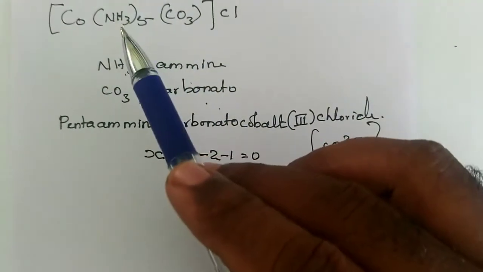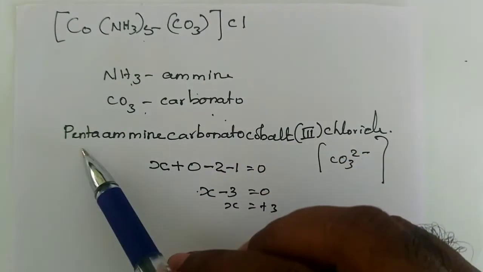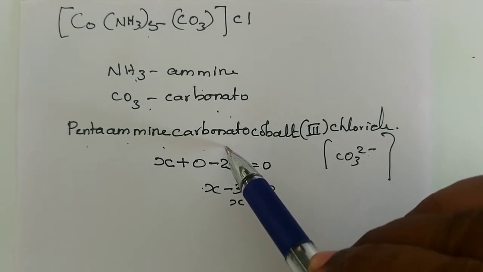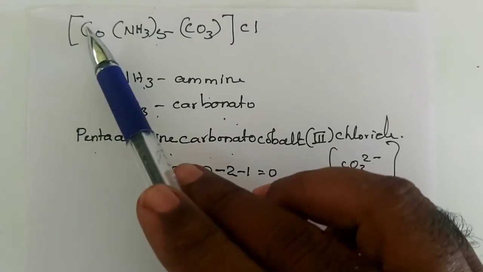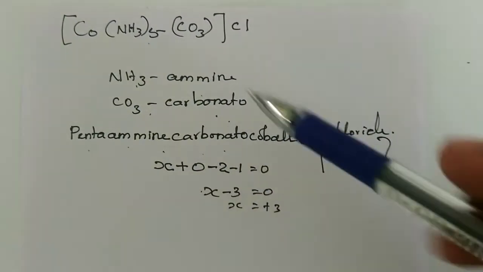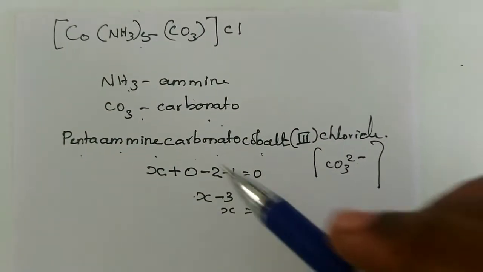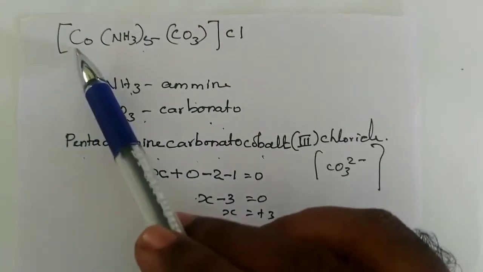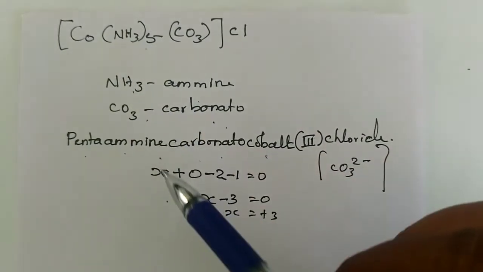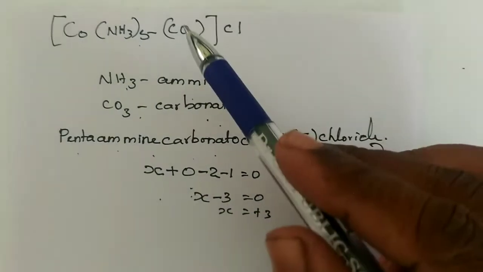Now write the name. The amine ligand repeats 5 times, so pentaamine, carbonato. Now we write the name of the central metal atom of the cationic part, so we use the same word, cobalt. Now find out the oxidation number. For cobalt we write X. Amine, already we studied, is a neutral ligand, so the charge is 0.